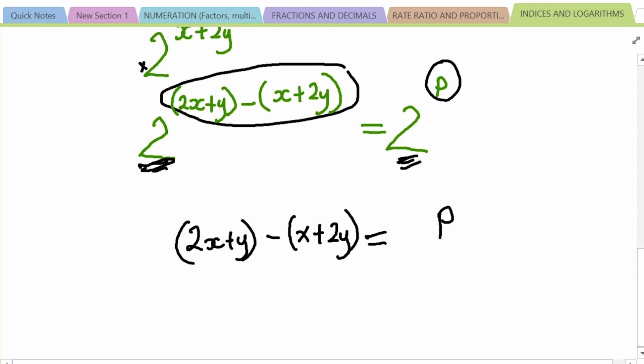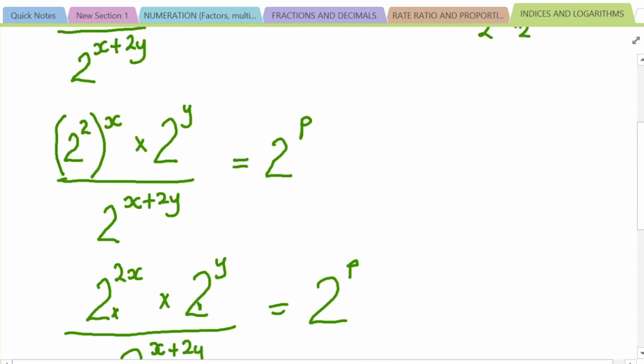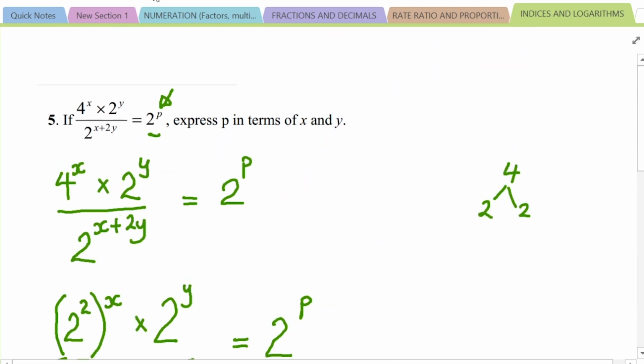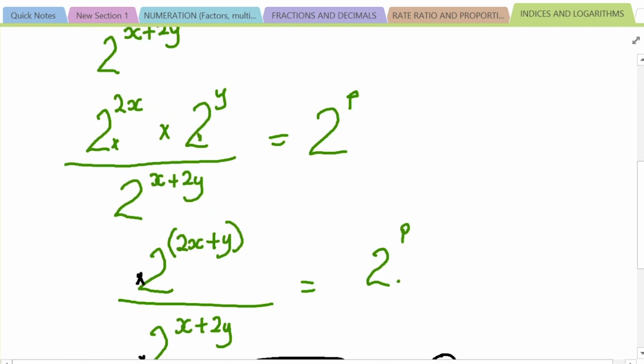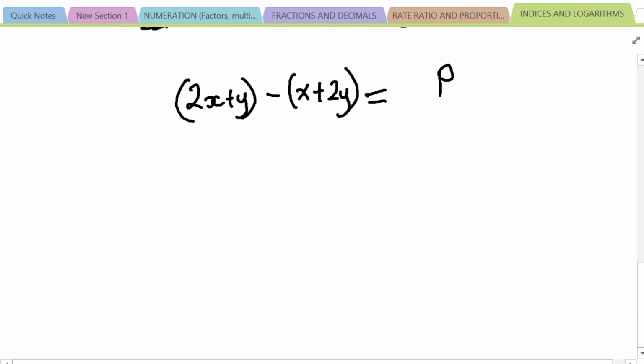Then remember, our question says to express p in terms of x and y. What is remaining is simply to collect like terms and simplify the expression. Otherwise, we've already expressed p in terms of x and y. We're just going to continue simplifying it further into a simpler version.